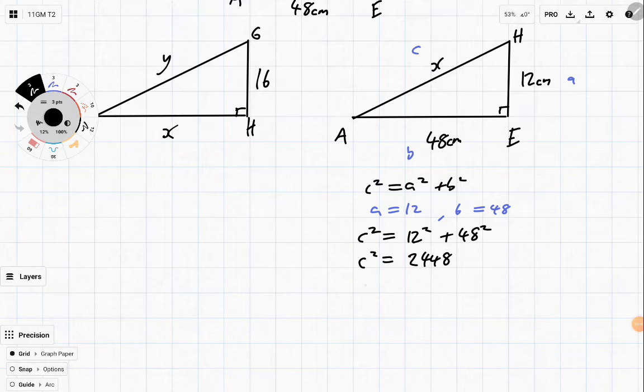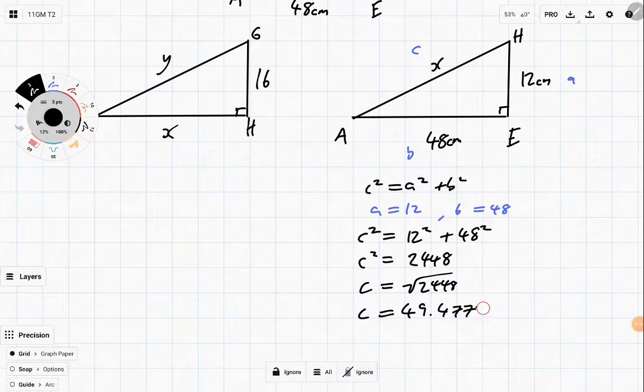So C is equal to the square root of 2,448, which is equal to 49.4772, which will round down to 49.477.